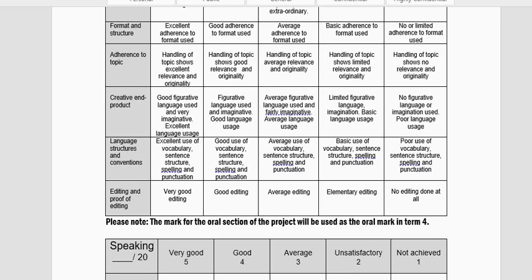Limited figurative language and imagination. Basic language. Average figurative language and fairly imaginative, average language usage. So tick off what requirements the child meets. Figurative language used and it's very imaginative, good language. And here you can find the one for the excellent.